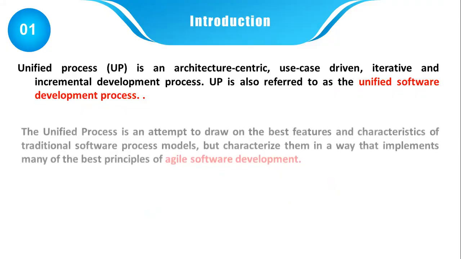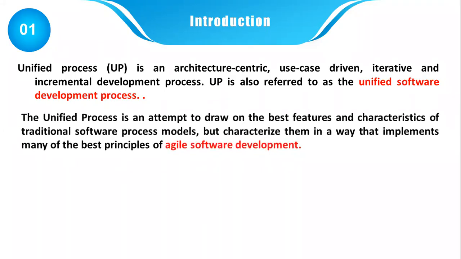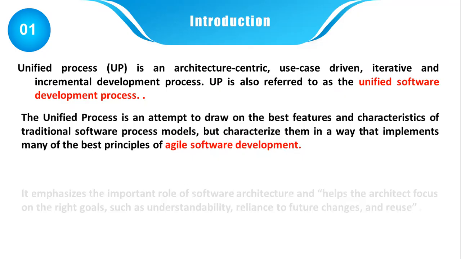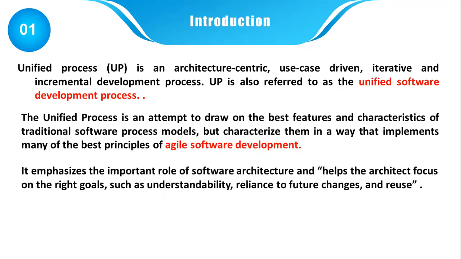The unified process is an attempt to draw on the best features and characteristics of the traditional software process models, but characterize them in a way that implements many of the best principles of the Agile software development model. The unified process recognizes the importance of customer communication and streamlines methods for describing the customer's view of a system.